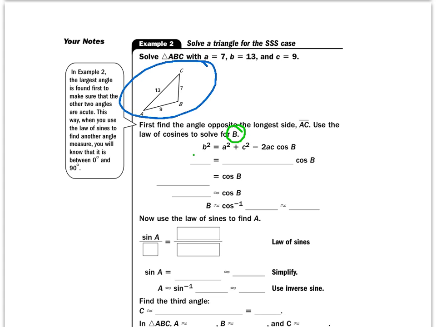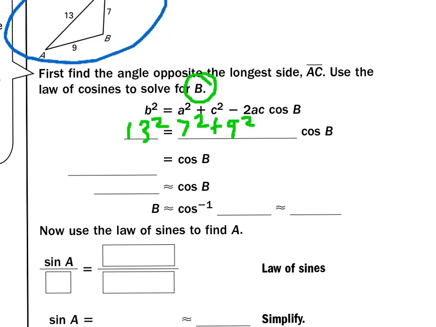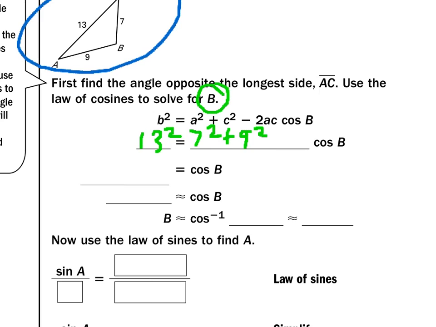Okay. So we have 13 squared equals 7 squared plus 9 squared. I'll make this a little bigger so I can write in it. Minus 2 times 7 times 9 times the cosine of B.